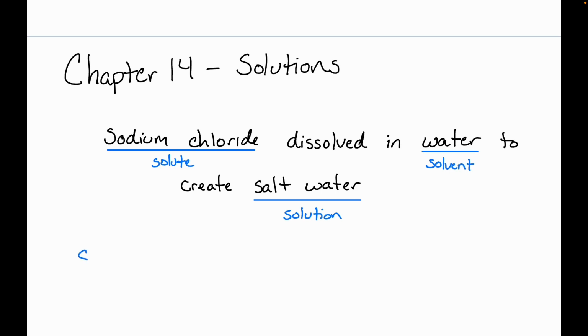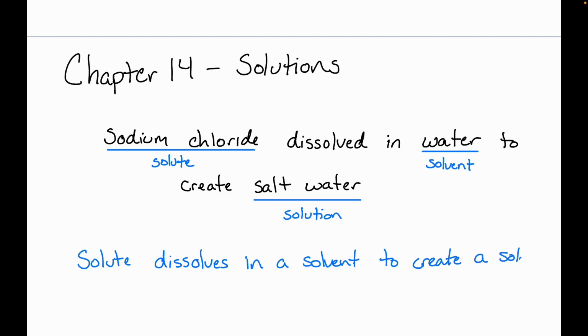So a solute dissolves in a solvent to create a solution. Again, we got some new terminology here. A solute, that's the thing that you're dissolving into your solvent to create your solution.